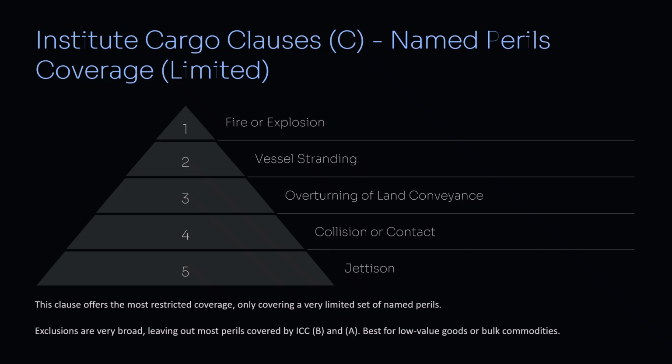Besides these inclusions, the exclusions for this clause are very broad. This means it leaves out many of the dangers that are covered by ICC B and almost all risk coverage from ICC A. This C clause is best for low value goods, bulk items like raw materials, or when keeping the insurance cost as low as possible is your main priority and you are comfortable taking on more risk for other types of damages.